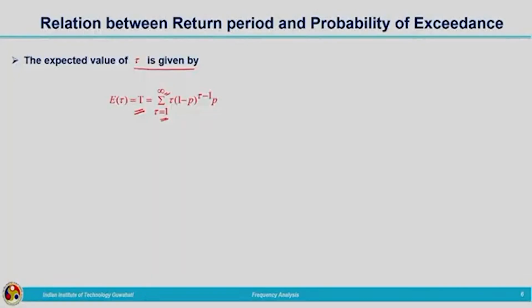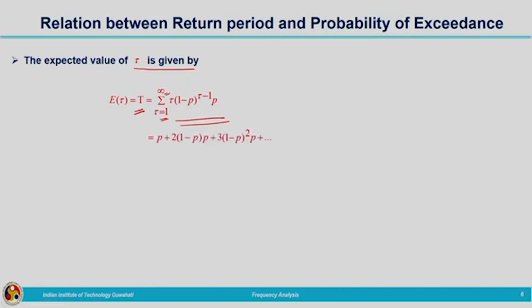In that case, the expected value will be the summation from tau equals 1 to infinity of tau times the probability value which we have computed earlier, that is the product we have computed. So, the expected value of tau can be calculated using this summation, sigma tau equals 1 to infinity of tau times 1 minus p to the power of tau minus 1 times p.